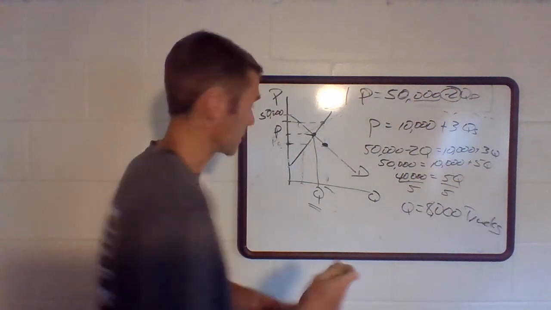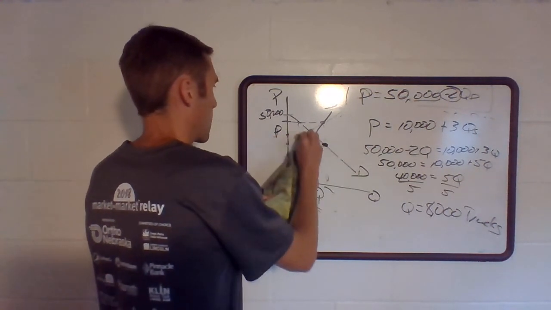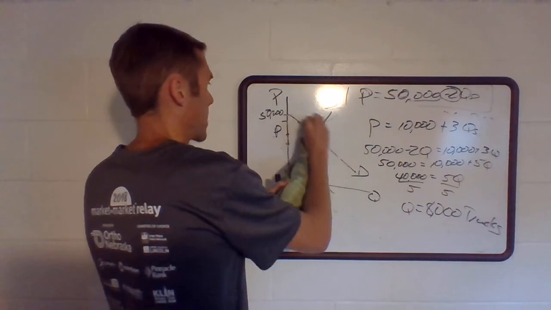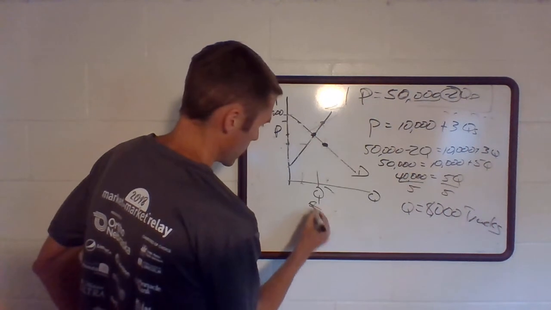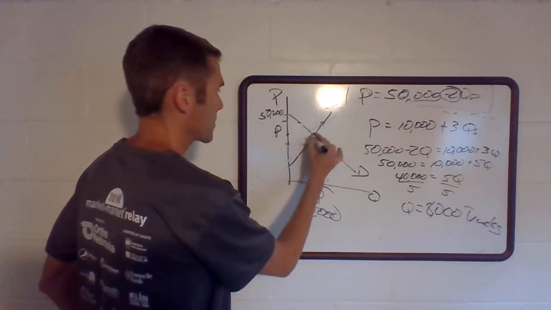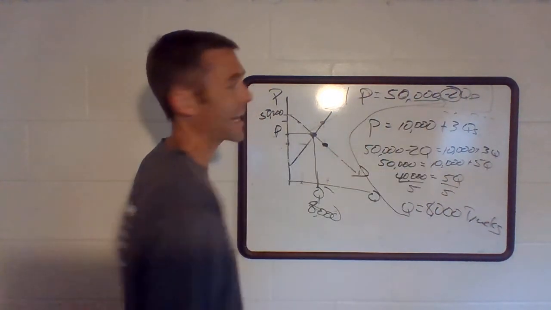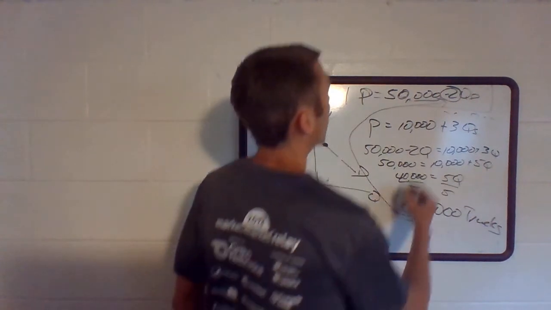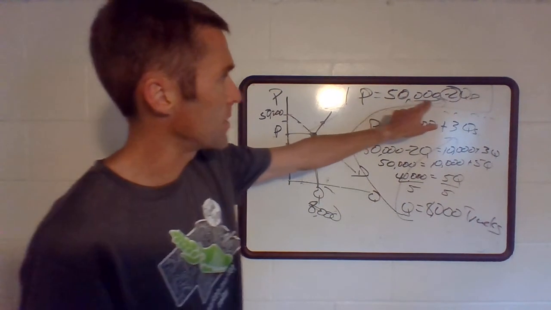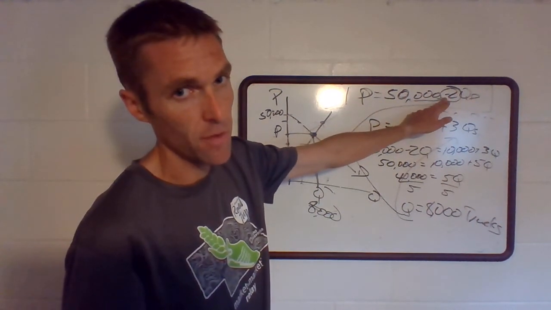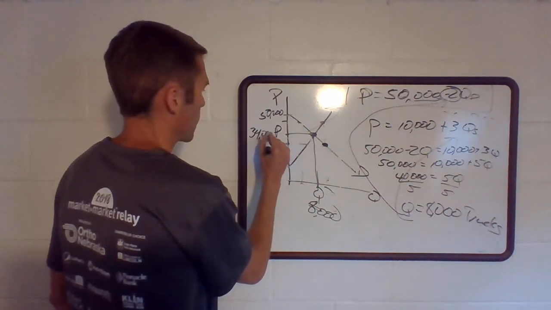So let's clean this up just a little bit. Bob Ross, I am not. At 8,000, the corresponding price can be found by putting 8,000 back into demand or back into supply, and we should get the same answer. 50,000 minus 2 times 8,000, 50,000 minus 16,000 is $34,000.